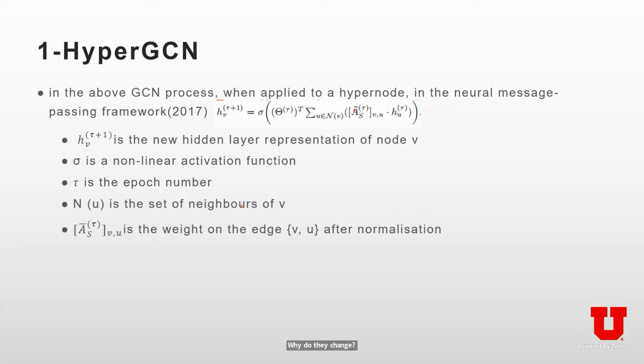They denote A bar S with subscript tau, and tau is the number of epochs. So it implies the graph Laplacian will change along with tau, right?